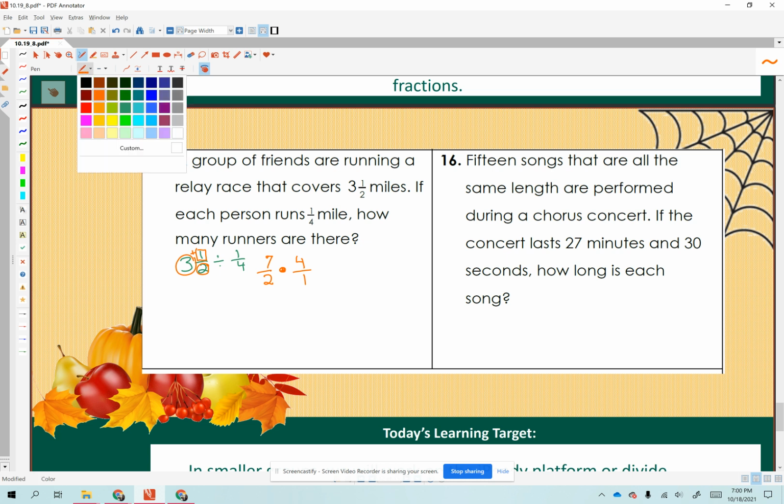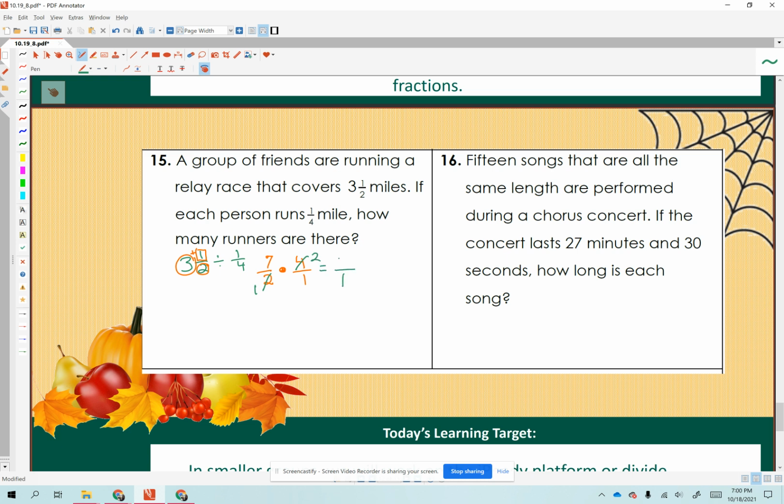Now immediately I see that I can simplify by dividing 2 by 2, which should be 1. Let me fix that a little bit. And 4 divided by 2 is 2. Now I multiply across.